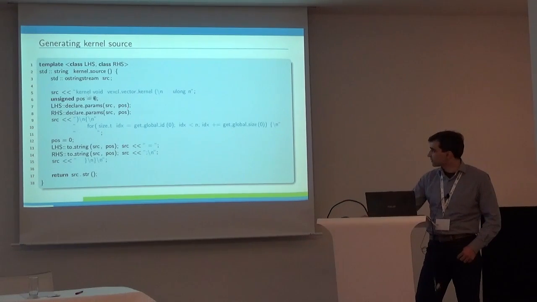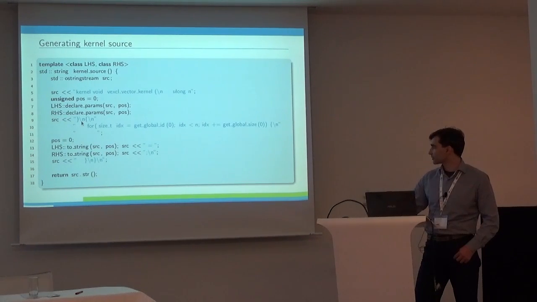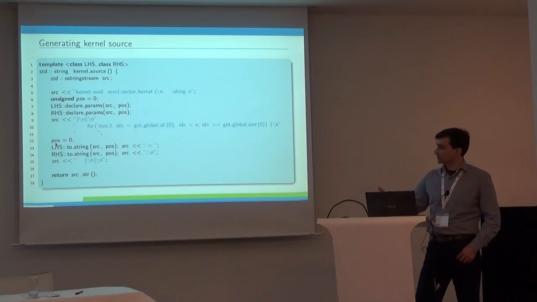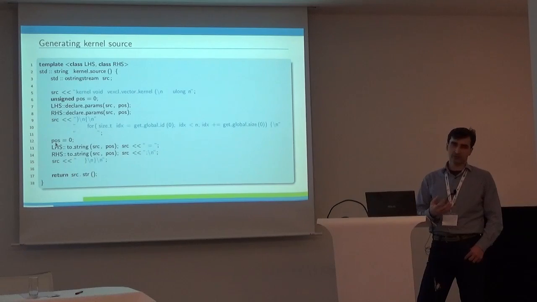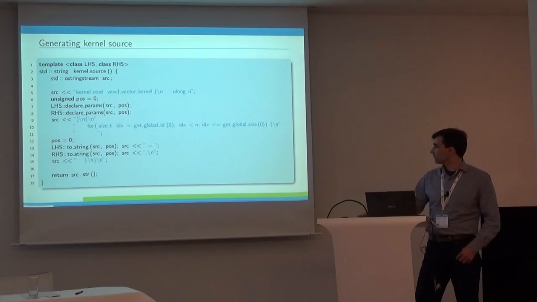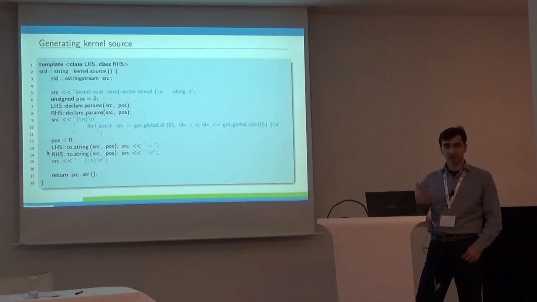So here we declare parameters, and then there is more boilerplate code. This is a closing bracket for parameters, an opening bracket for the function body. This is a grid-strided loop. Then we ask the left-hand side and the right-hand side to declare the expressions.